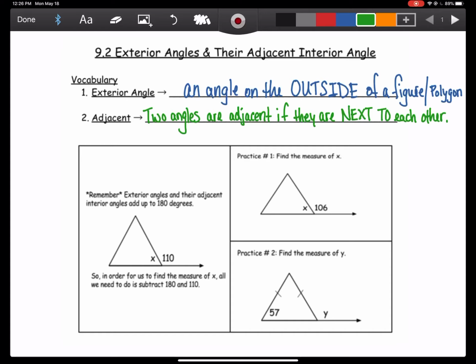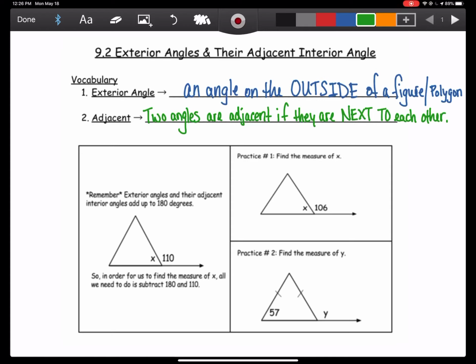Homes can be adjacent. That is not to say that diagonal is the same. Diagonal is different than adjacent. So we're going to use this word to describe the location of angles in the diagrams down below. So take a minute to write that down, okay?